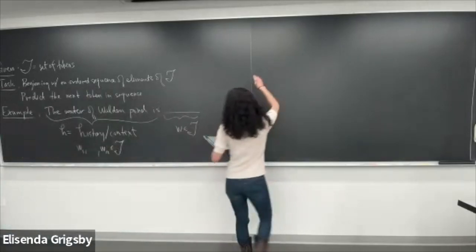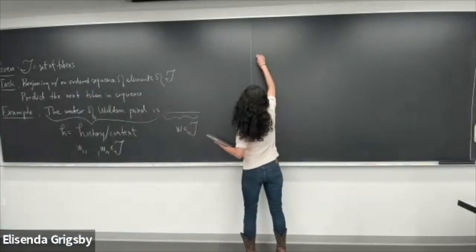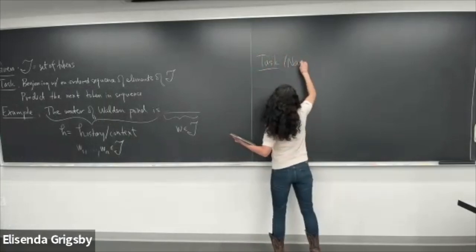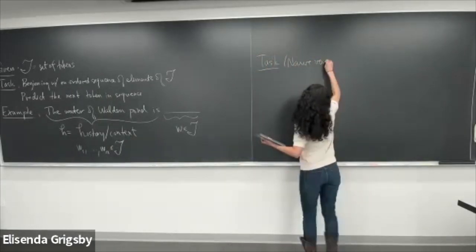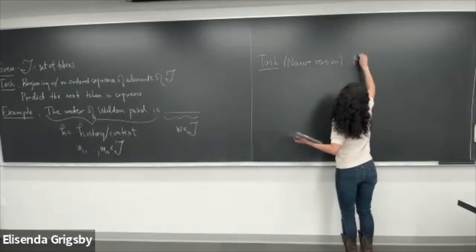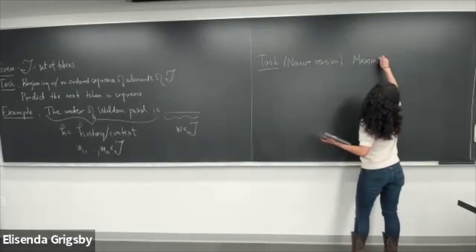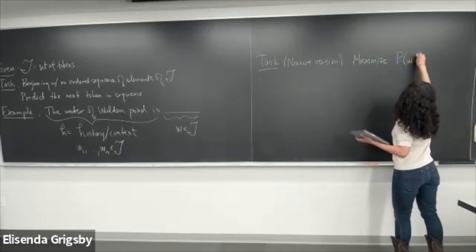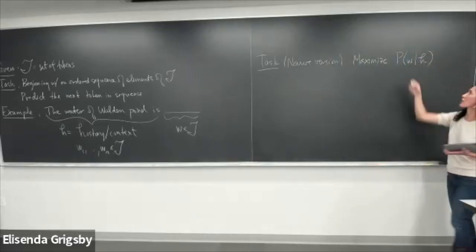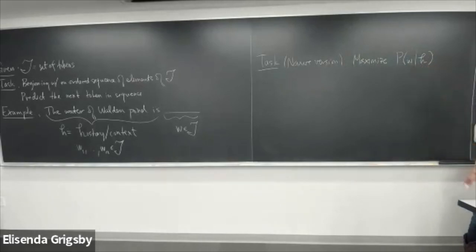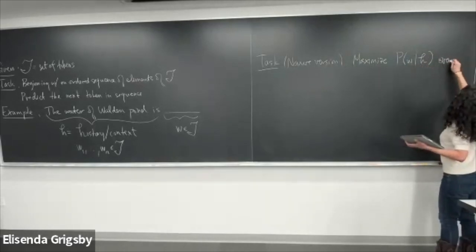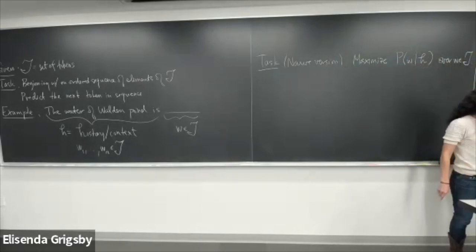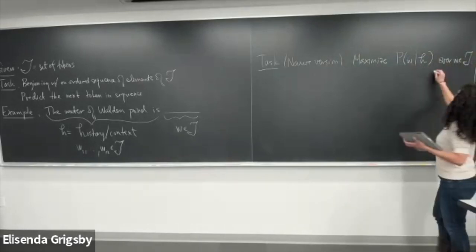So here's the naive version of the task: to maximize the probability of W given H, on having seen H. And you're maximizing it over words in your set of tokens. Okay, so this is for fixed H.